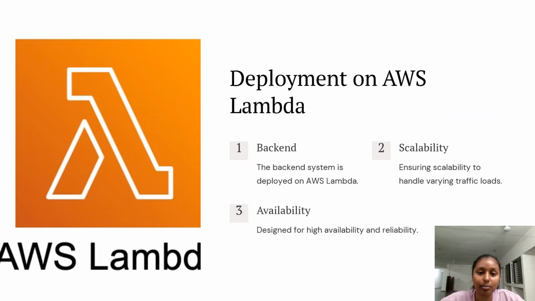This was the last step in the development stack of the project, which was deploying our website on AWS Lambda. So we have to deploy the backend, which is Python and Flask. Those files can be deployed in a Lambda function using AWS, and the UI pages are deployed on Vercel or Netlify.